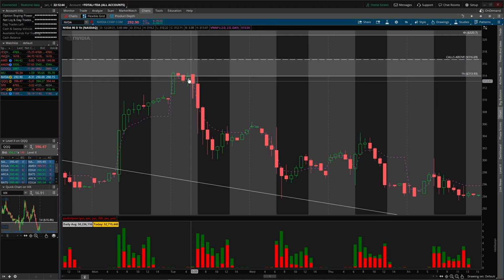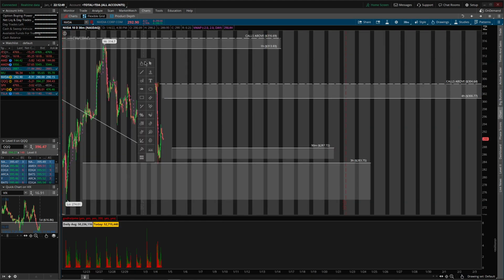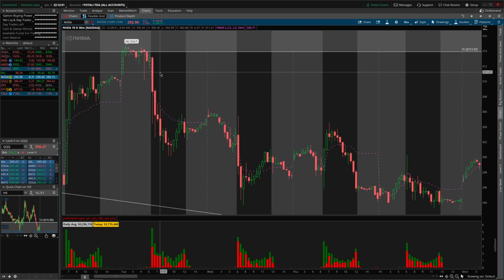And it wasn't until the open that this thing rejected pretty hard on this day. Had you been watching the pre-market, had you had this 1 hour supply zone marked out, this would have been a good opportunity for you to short this thing or play puts to the downside, because once it touched it, it just got in there and started making lower highs.